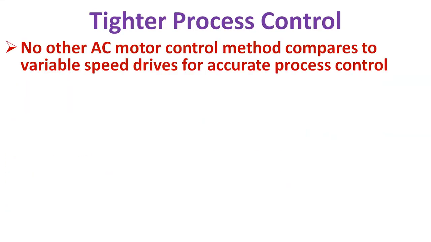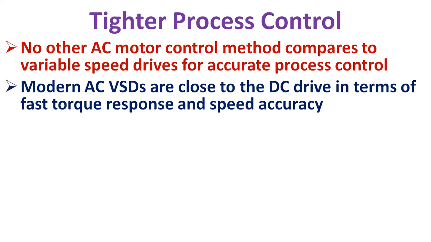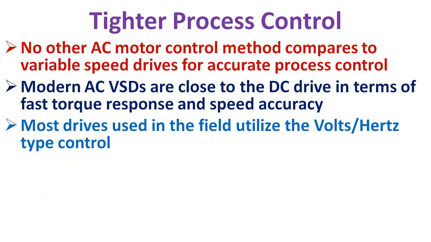No other AC motor control method compares to variable speed drives when it comes to accurate process control. Full voltage starters can only run the motor at full speed, and soft starts and reduced voltage starters can only gradually ramp the motor up to full speed and back down to shut down.